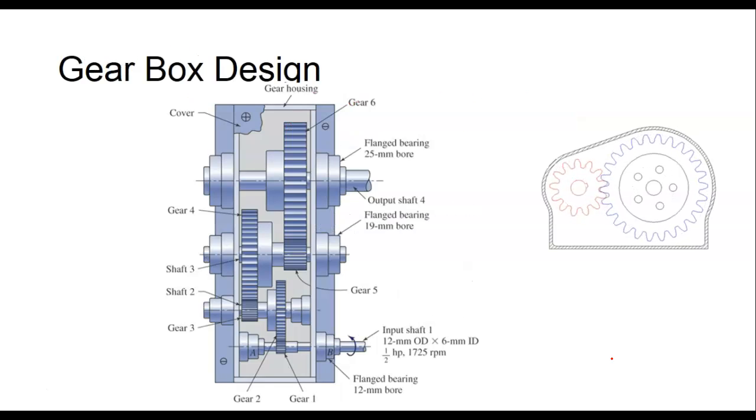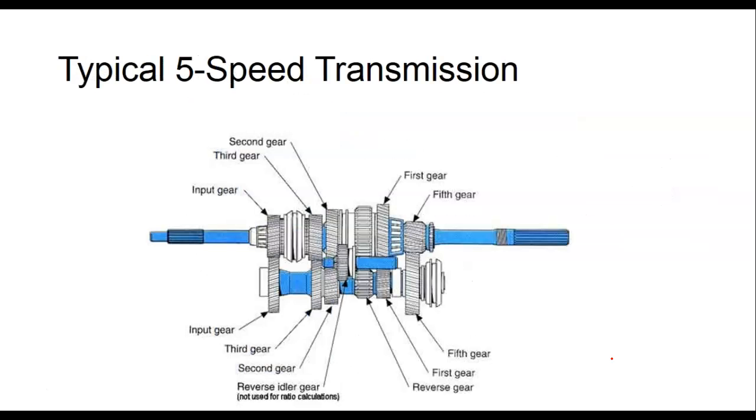Gearboxes. These are basically boxes that contain multiple gears. This is an example of a 5-speed transmission. Okay, so this is the input gear. When it shifts, it slides these gears in and out of the driver.